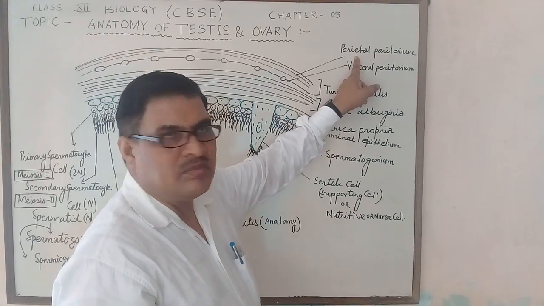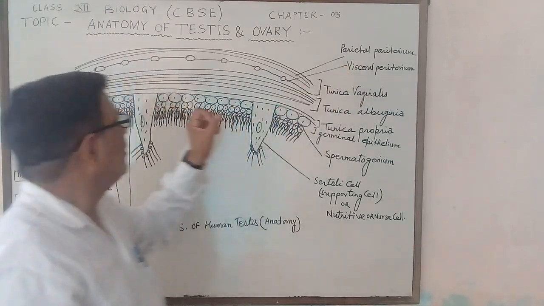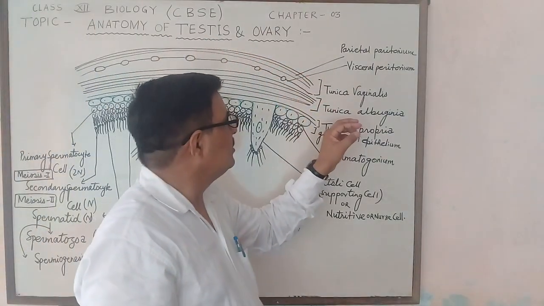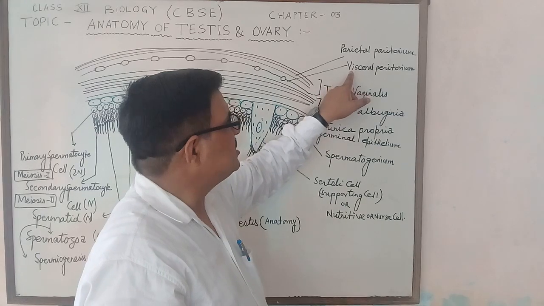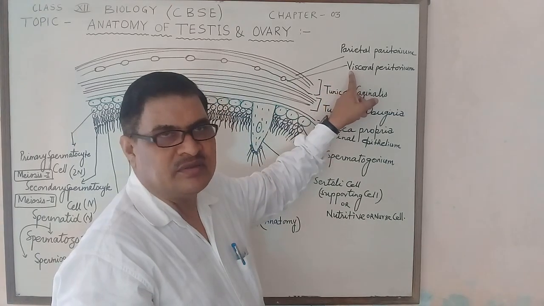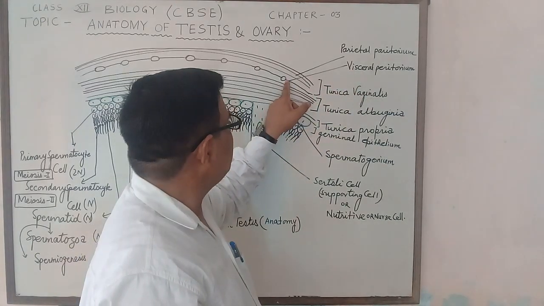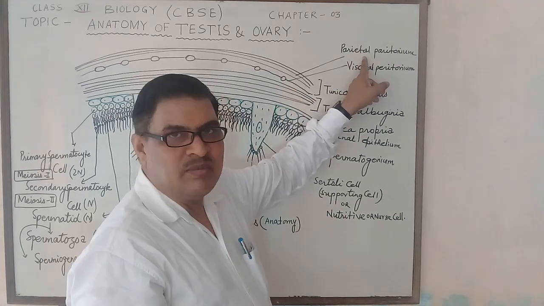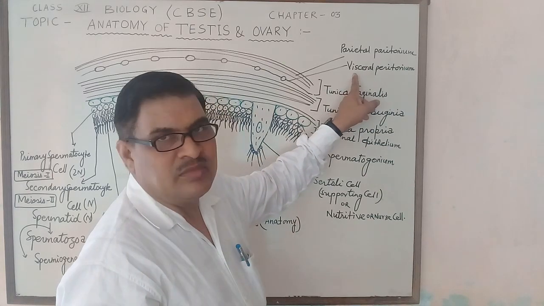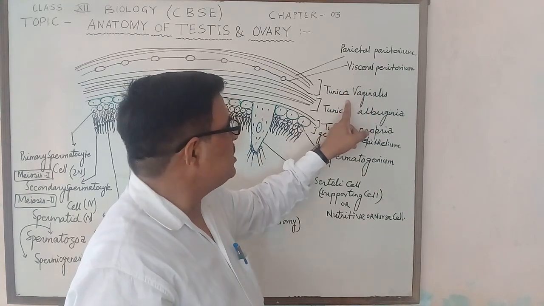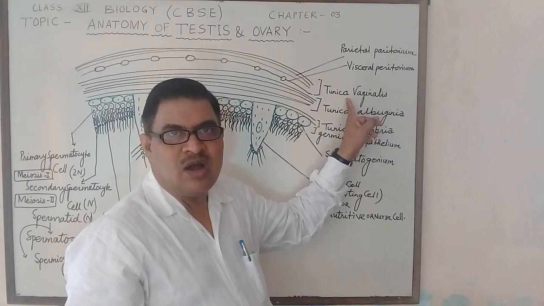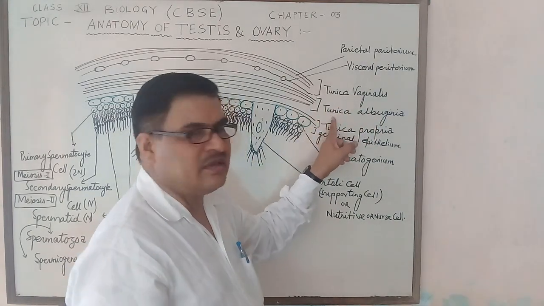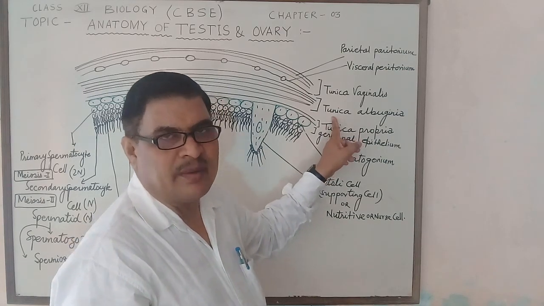The parietal peritoneum generally has rectangular type cells. Below this, the visceral peritoneum is present. Both parietal peritoneum and visceral peritoneum make the tunica vaginalis, the outer layer of the testis, and the inner layer is called tunica albuginea.